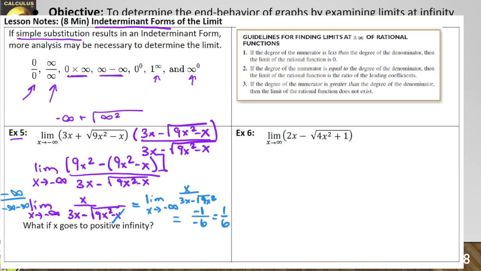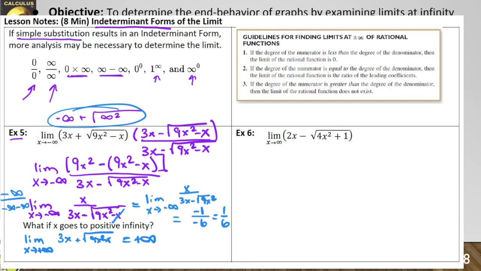So infinity minus infinity is sometimes 1 over 6. Think about that. What if our original function went to positive infinity? We would get infinity plus the square root of more infinity, and that would be positive infinity. A lot less exciting, but that's what happens.